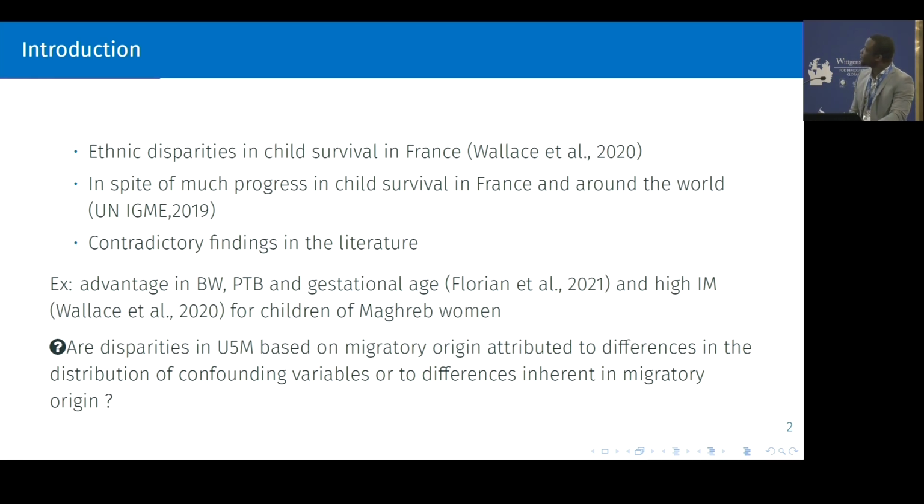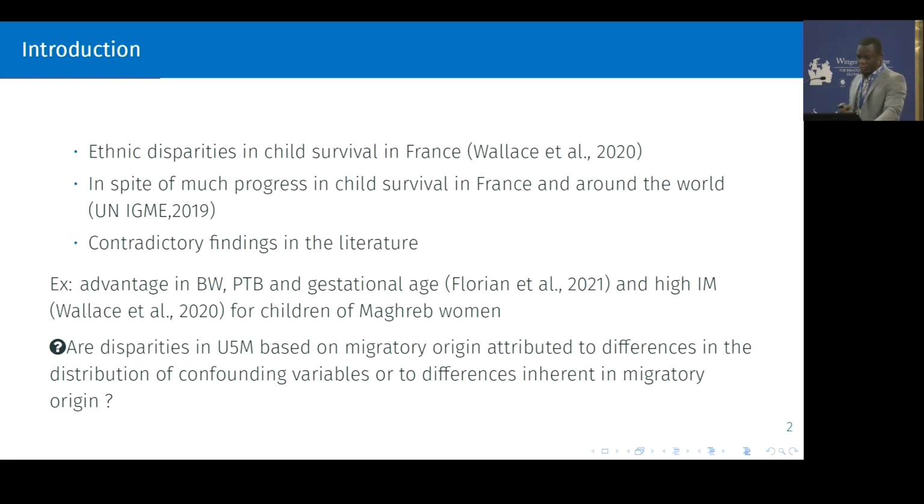For example, while some researchers document advantage in birth weight, preterm birth, and gestational age among Maghreb women, some studies show that infants of Maghreb women present higher infant mortality.